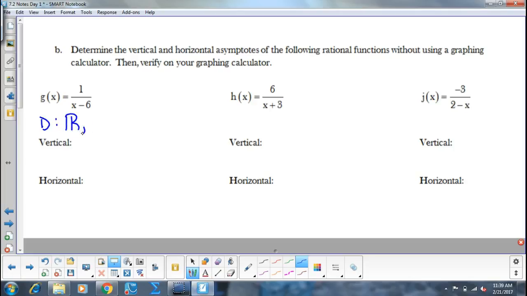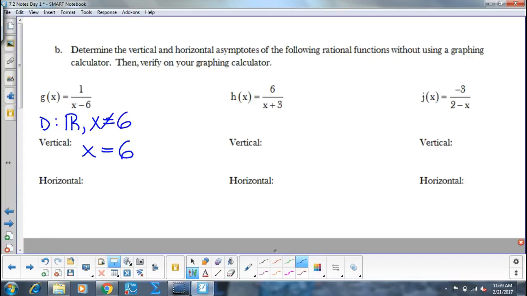I forgot to say it, but X cannot equal 6. So if that is our domain, then what is the vertical asymptote? X equals 6 is the vertical asymptote.